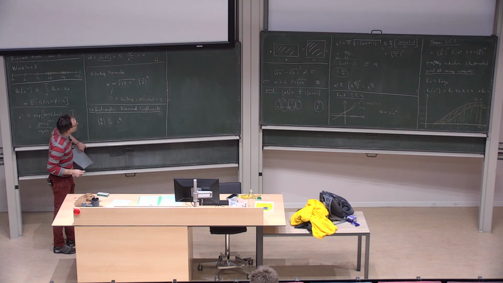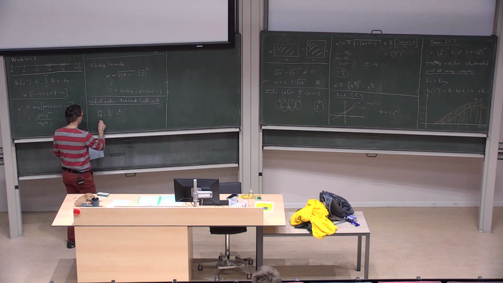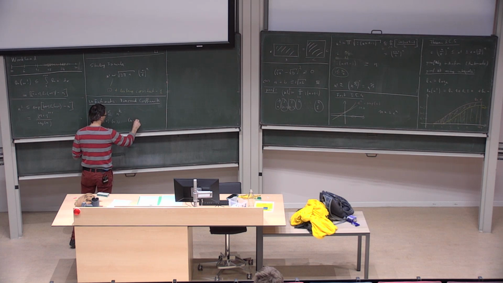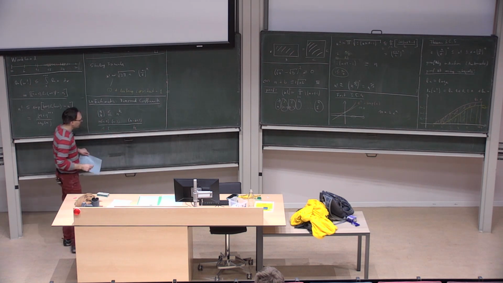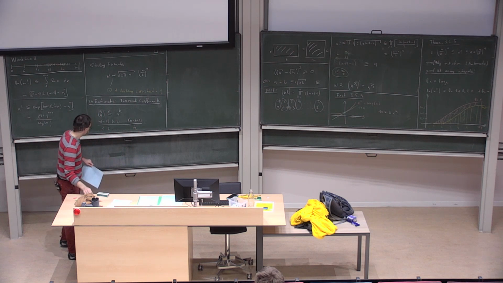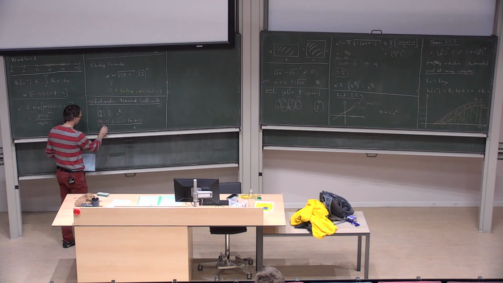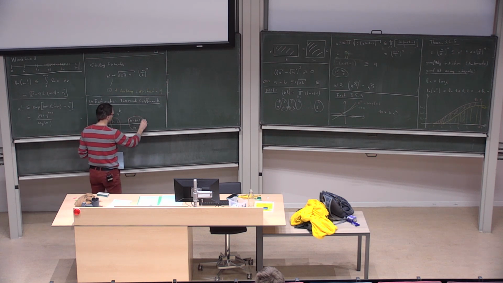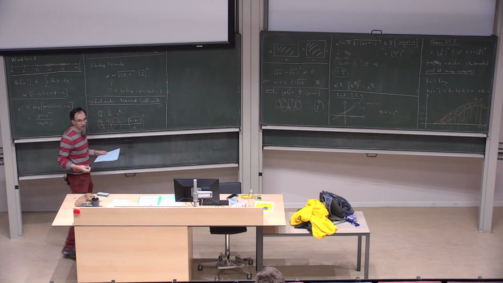Because you don't see it immediately, let me write this out. n choose k is n times n minus 1 times n minus 2 up to n minus k plus 1, divided by 1 times 2 up to k. And so we can pair up those factors here. And each of them is at most n. And we have k of them.